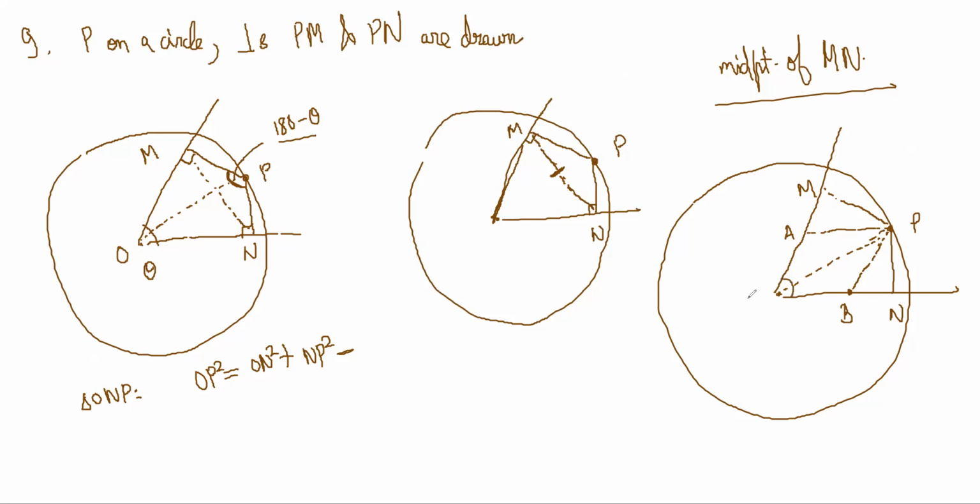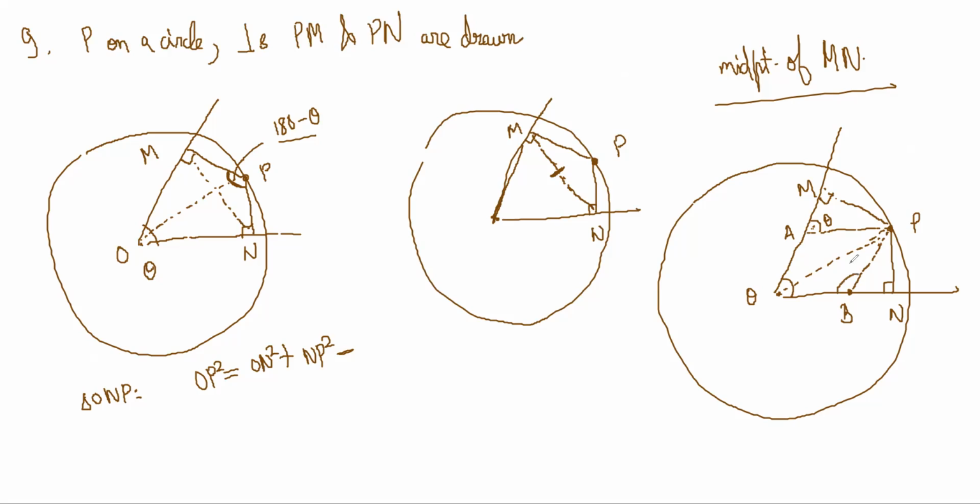If this angle is theta, this whole angle is 180 minus theta. And in this triangle, what are all my angles? If this is theta, this is also theta because parallel lines. So this is theta, this is 180 minus theta. This should be theta, right?